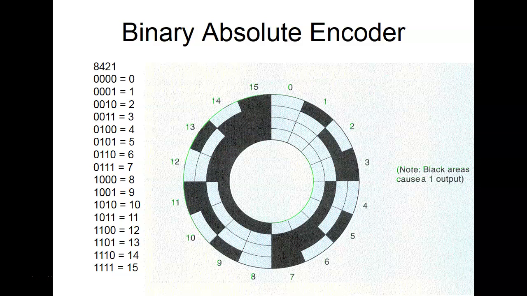Absolute encoders have to have a track for every count, and it doubles every time. So if I wanted to add one more bit, I would have to add another wheel. If I added another bit, I had to have another wheel, another band in my code. This has only got four bands.